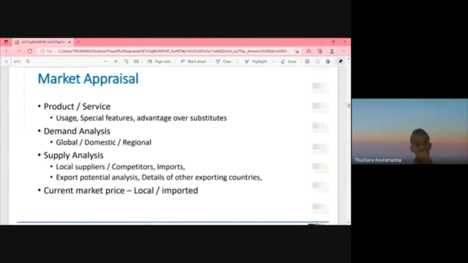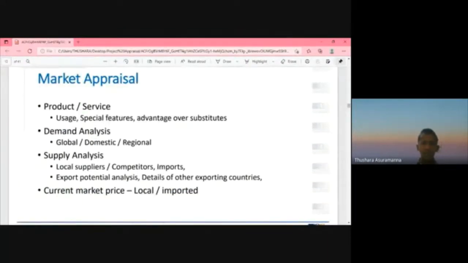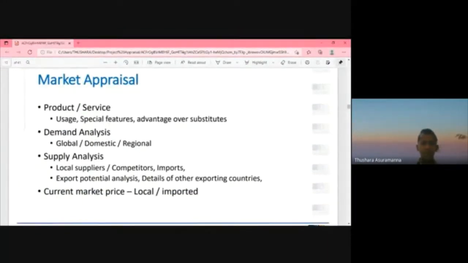Starting with market appraisal. I think I have taken 12, 13 points, but it's enough that you know about 4 to 5 points. What exactly do you do under the market appraisal, market feasibility?